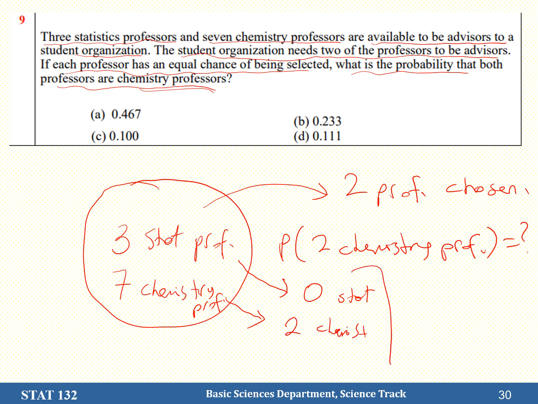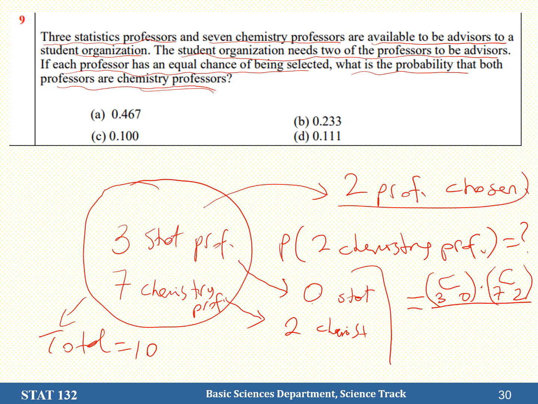So we will apply the formula: in how many ways we can choose 0 statistics from 3, so 3 choose 0, and the 2 chemists from 7. So it will be 7 choose 2, and then the total number of professors is 10. So we are choosing 2 out of 10. So it will be 10 choose 2 here.